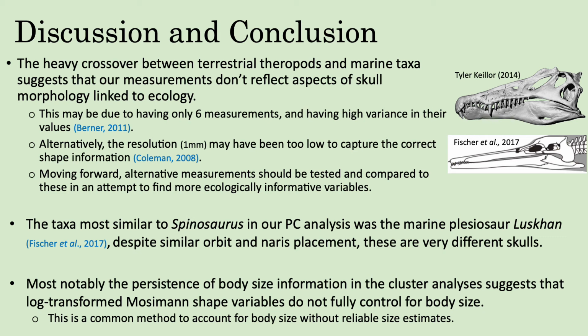Finally, the persistence of size information in our cluster analyses is somewhat troubling, as it suggests that our log transformed Mosimann variables did not account for this fully. The reason this is troubling is because this is a common method to control for body size when reliable size estimates are unavailable, as is often the case in paleontology.